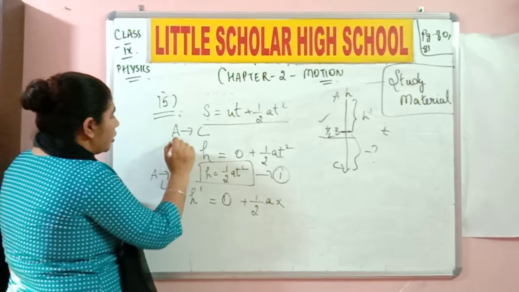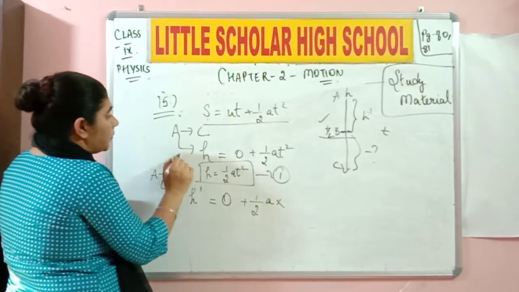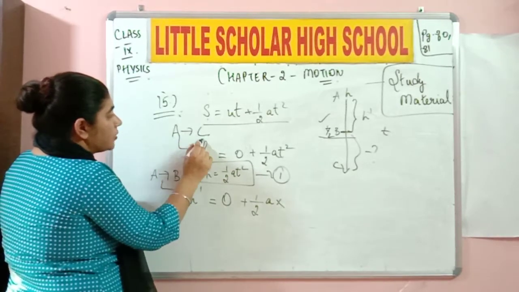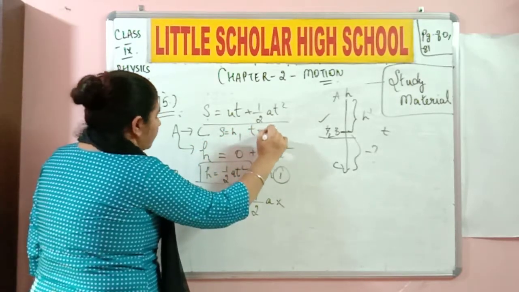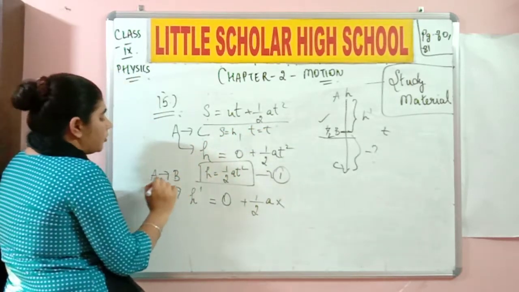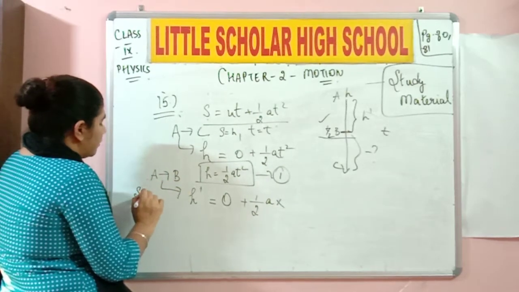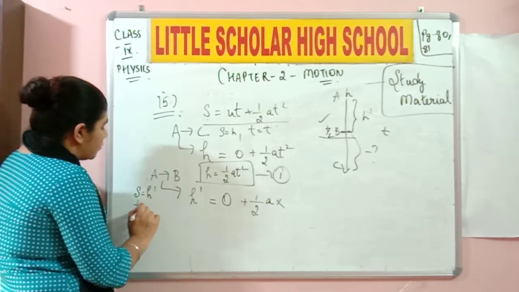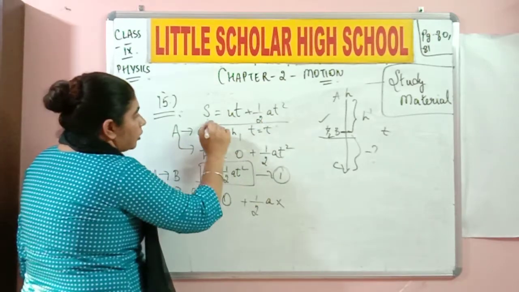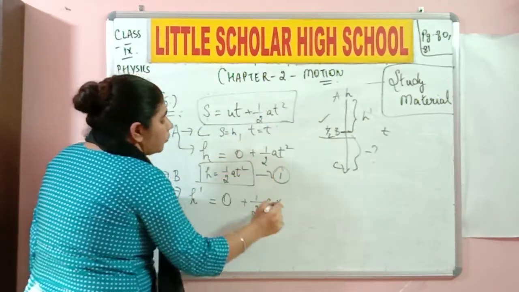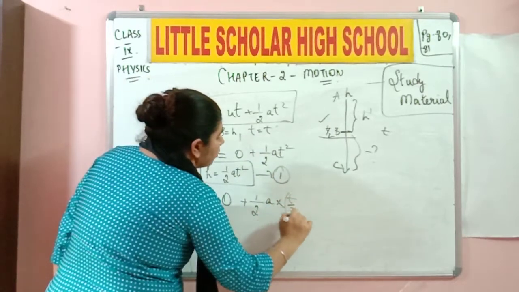Do you understand? In the first case, when the body falls from A to C, the distance traveled is h and the time is t. But when the body falls from A to B, the distance traveled is h dash and the time is t by 2. So in place of t in this formula, I am going to write t by 2 the whole square.